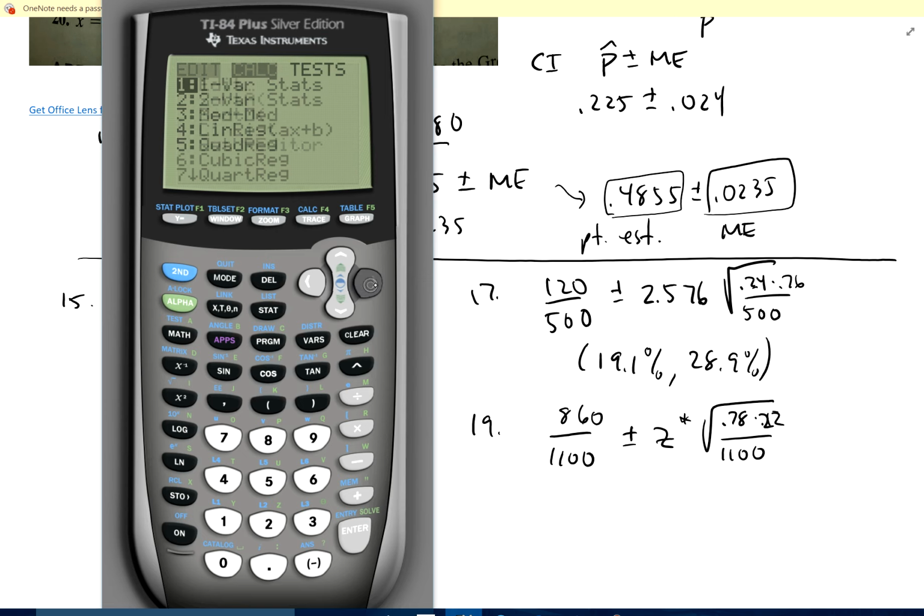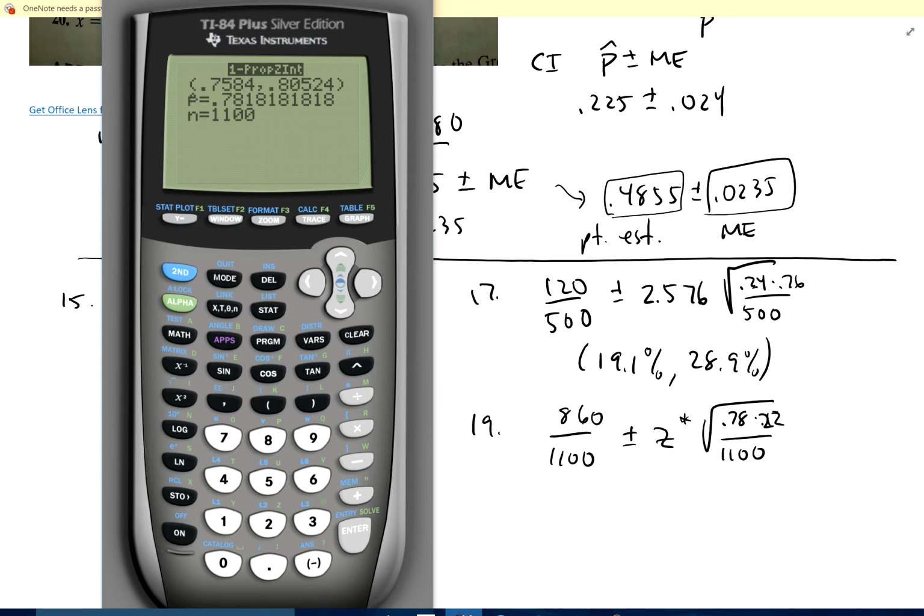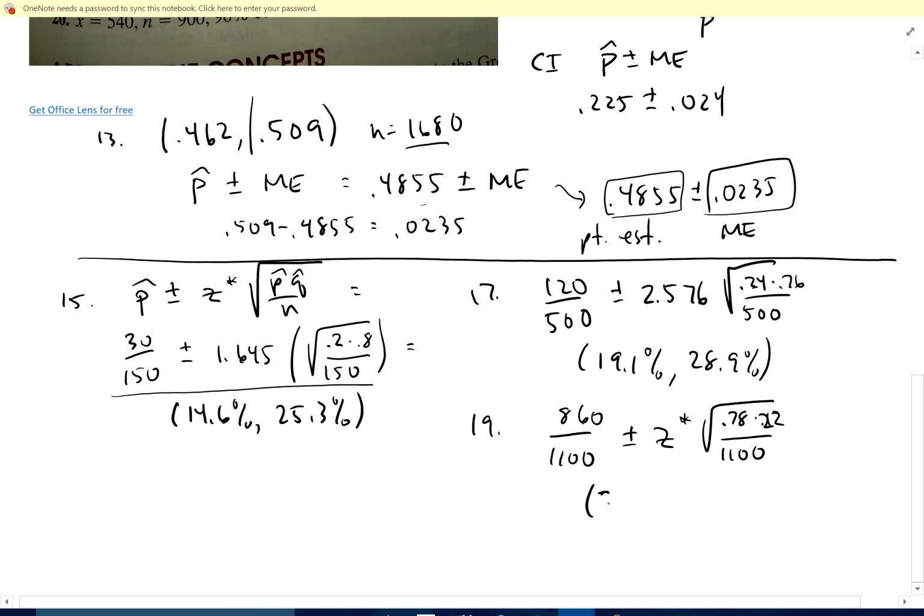Stat, tests, and then go down to A. 860, 1100, 0.94, and there it is. 75.8 to 80.5. 75.8%, 80.5%. Okay, so there you go on those.